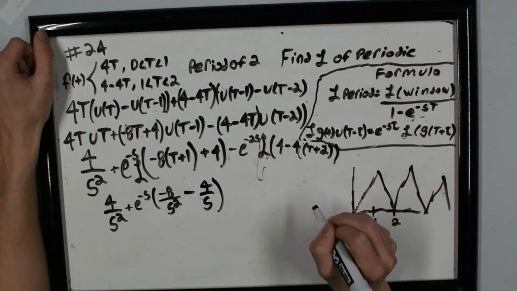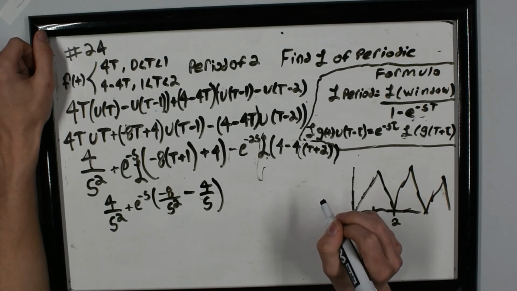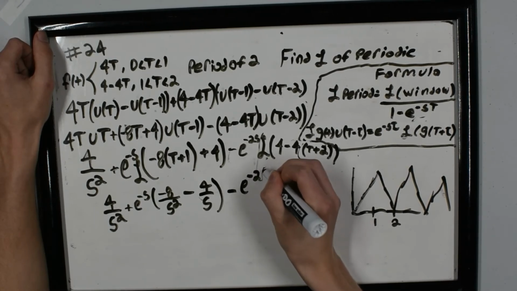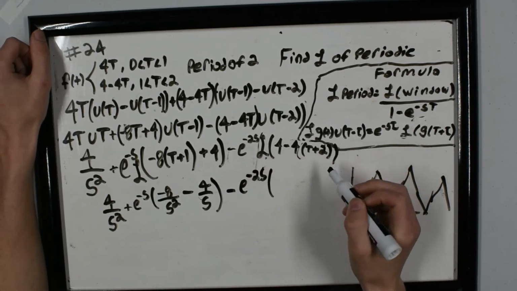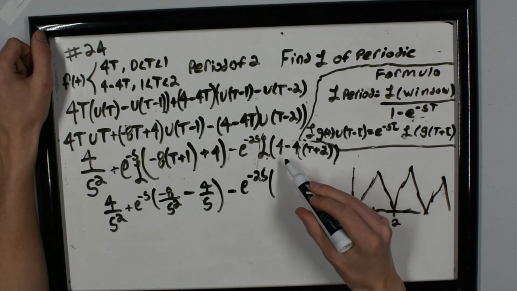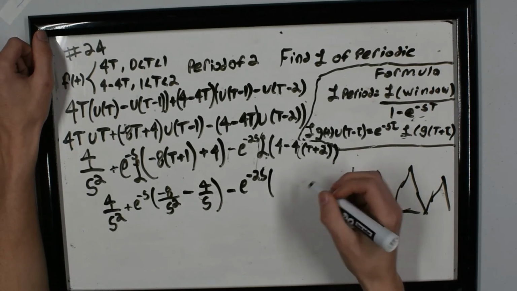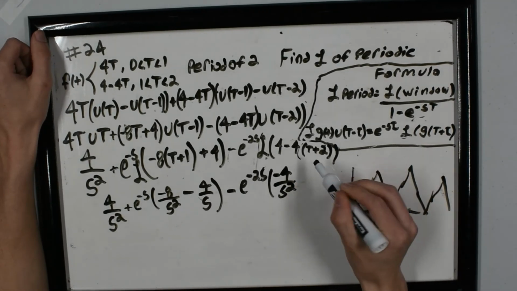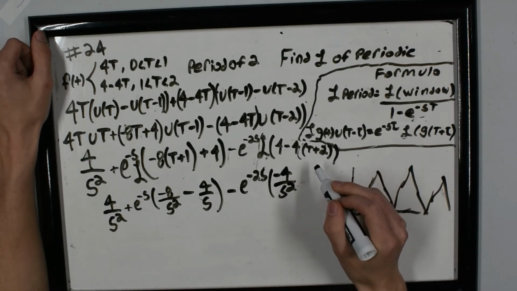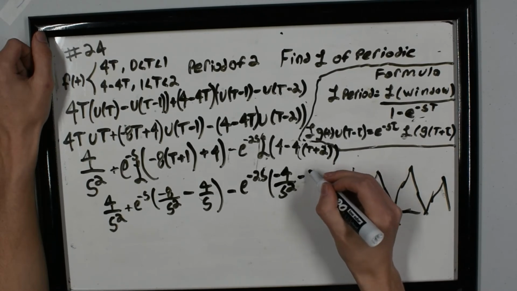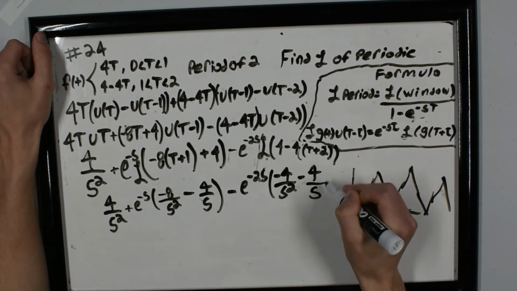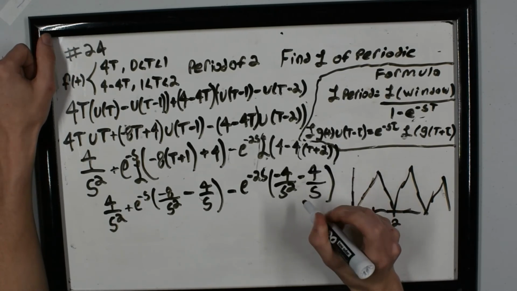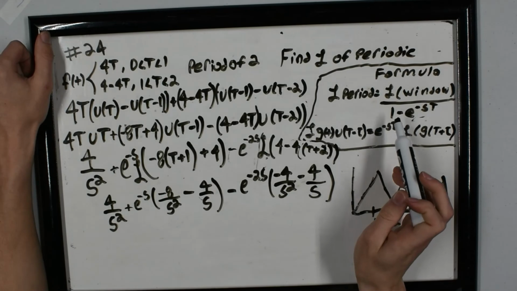And then here we're going to get negative e to the negative 2s, negative 4t, so negative 4 over s squared, minus 8 plus 4 is minus 4 over s. That's just distributing that negative 4. And then that's the Laplace transform of the first window.